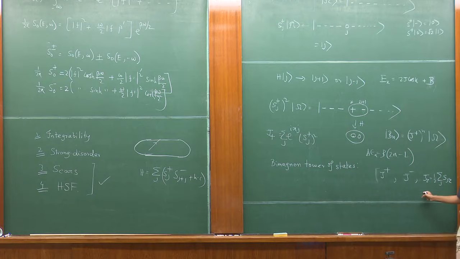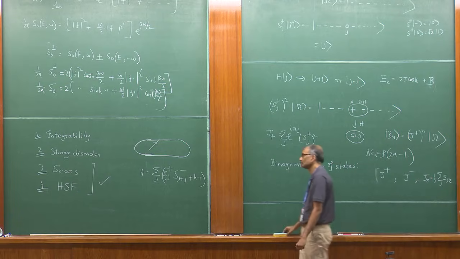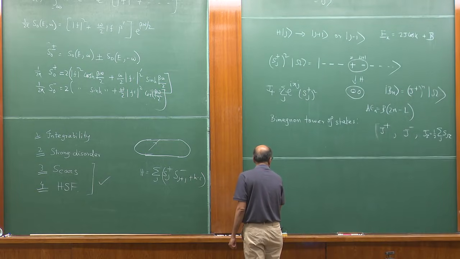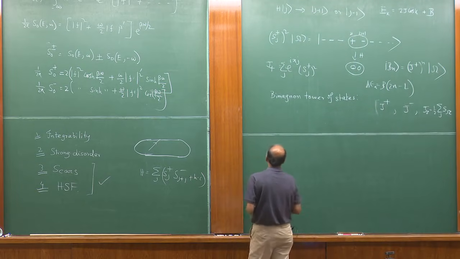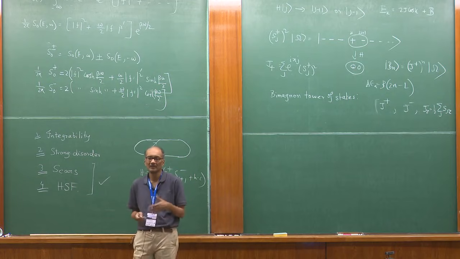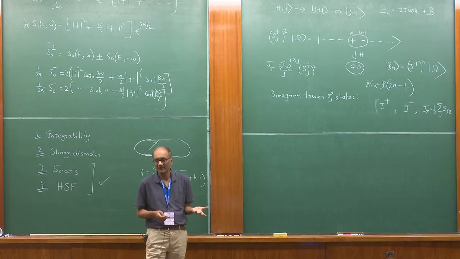One can check this, and the simplest way is that you take a given state with n pairs, act J plus and J minus on that.